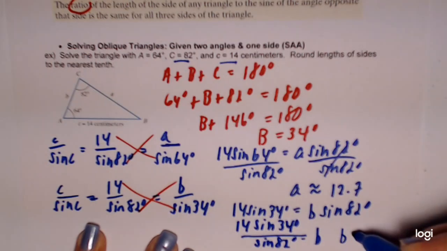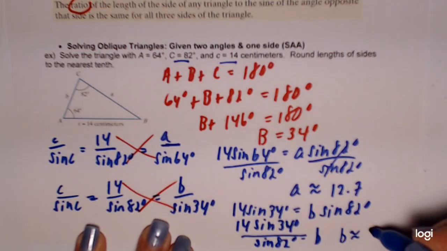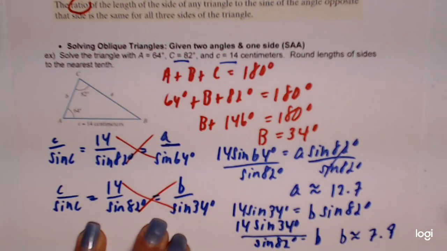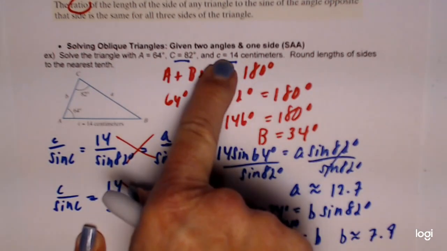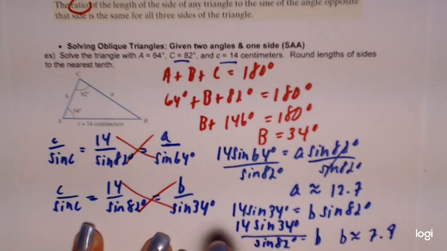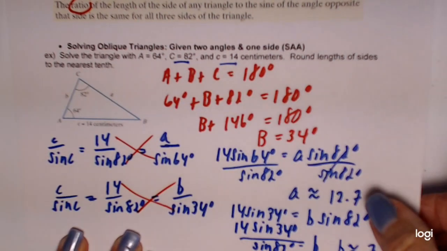And so when we do this in our calculators, we get B is approximately equal to 7.9. So we have 1, 2, 3 sides, and we have 1, 2, 3 angles. So that example is done.